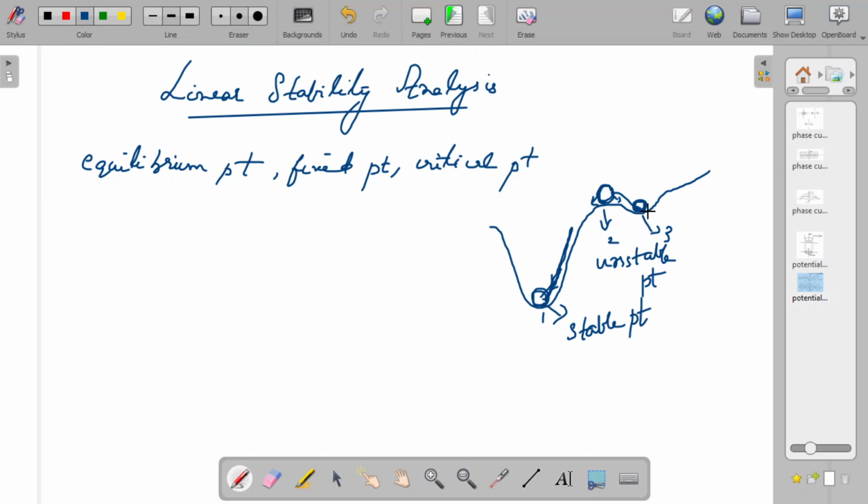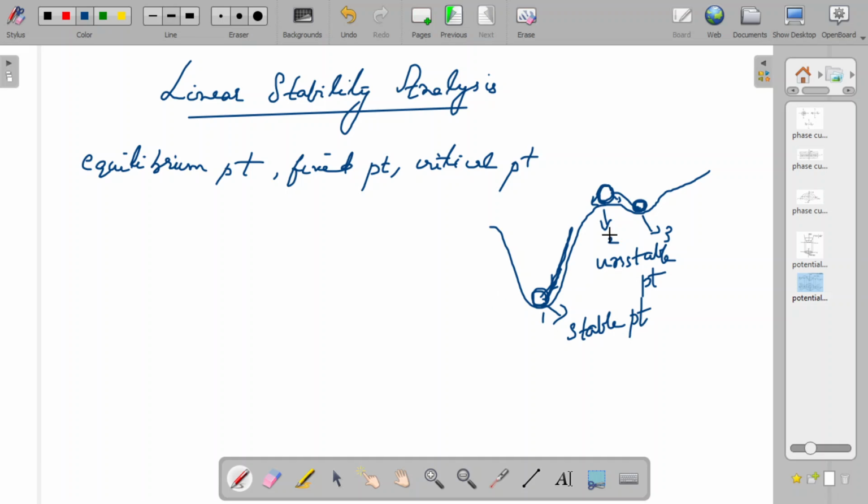So if you give a little more displacement, it may go, but again it will come back and stay in this particular well. But if you give energy or displacement in this direction, it may pass and overcome this potential, and come and stay in this potential well.